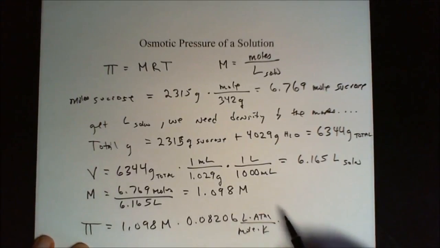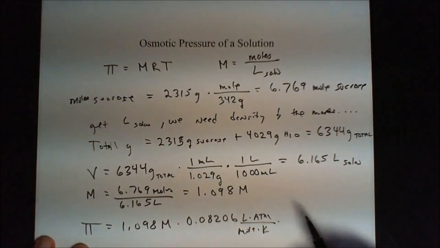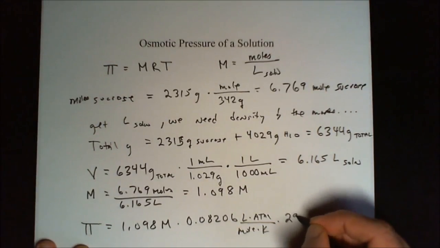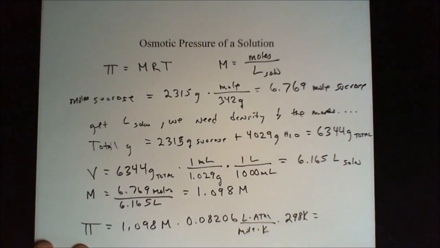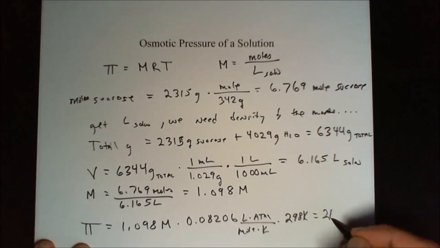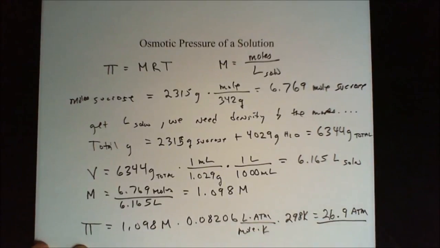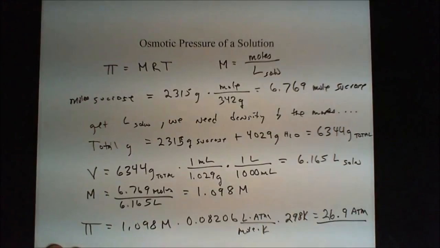And finally, by our temperature, and our temperature is 25 degrees Celsius, so that's 298 Kelvin. And that gives us a final answer of 26.9 atmospheres. And there you go. That's the osmotic pressure of a solution of sucrose and water.